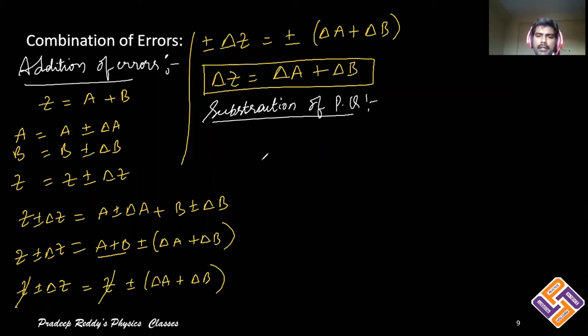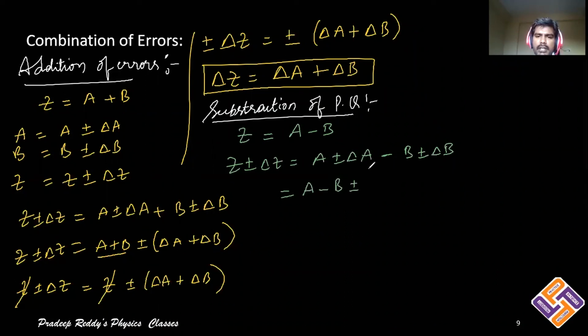Similarly, I will take Z which is equal to A minus B. I can write Z plus or minus delta Z is equal to A plus or minus delta A minus of B plus or minus delta B. This is A minus B plus or minus; if I take it common here, the leftover will be delta A plus delta B. What is A minus B?